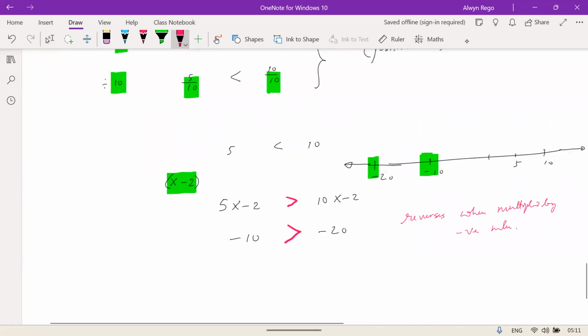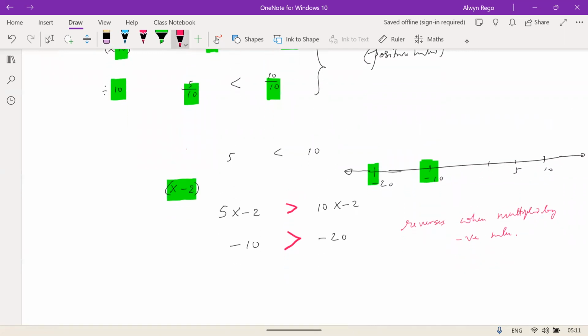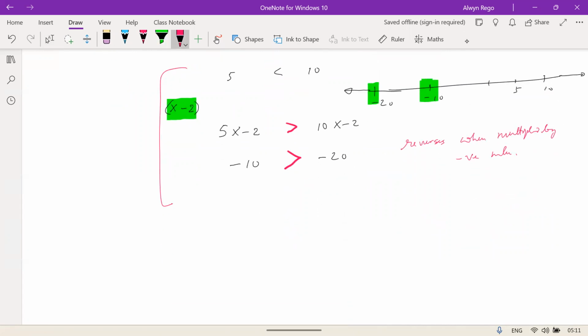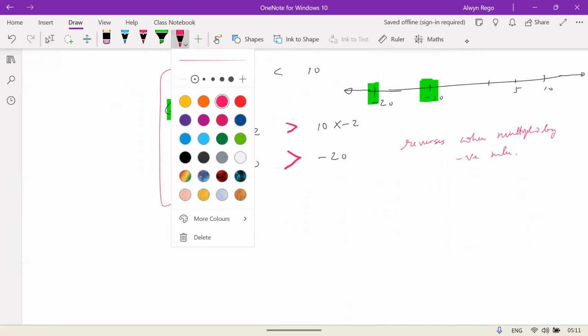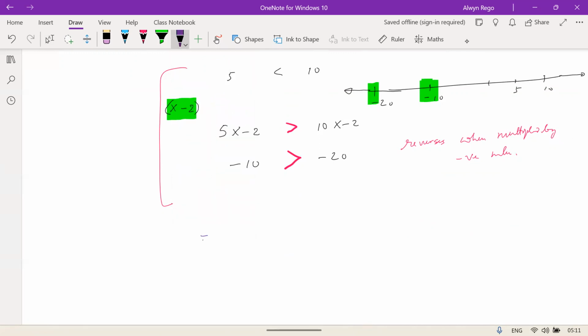Look at this one now. Again, this is the multiplication. Supposing I go for dividing the number by, let's say I divide by -2, for example. You find that 5 upon -2 and 10 upon -2 here. This is minus 2.5 and this is minus 5.